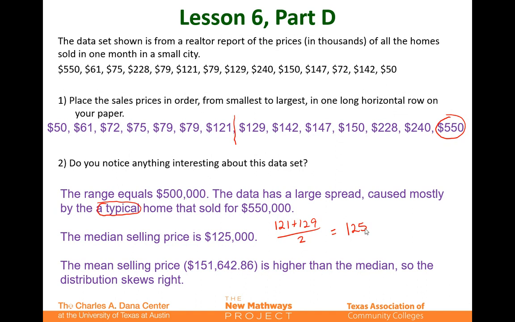The mean selling price, if I added them all up and divided by 14, is $151,642.86. It's higher than the median, so it skews right. So the mean is going to be on the right of the median.